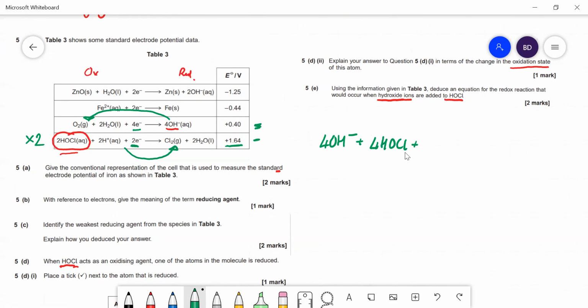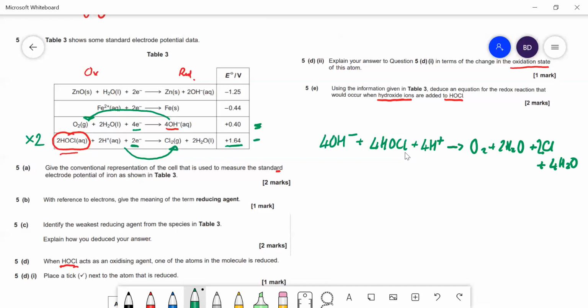Plus 4H plus is going to turn it into O2, 2H2O, chlorine, 2 chlorines, and another 4 H2Os. Now we're going to do a bit of cancelling out of things there, I think.